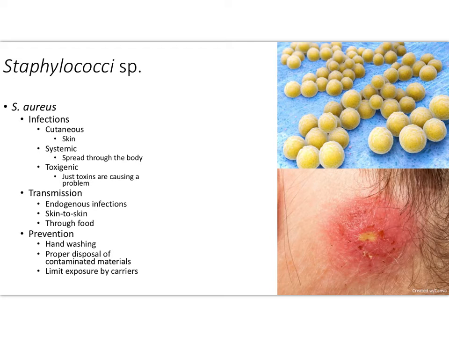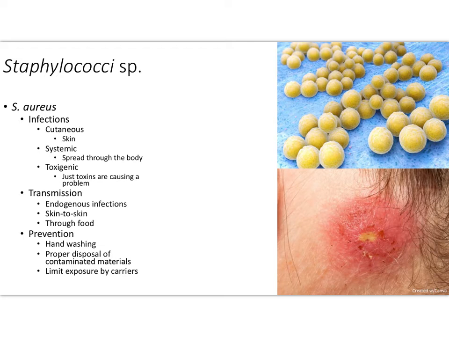But there are situations where staph can infect food. And then when the food is cooked or prepared somehow, the staph itself, the bacteria, will die. However, in that time that the staph was growing on the food, it was able to release toxins. And the toxins don't get destroyed in the cooking or the preparation process.